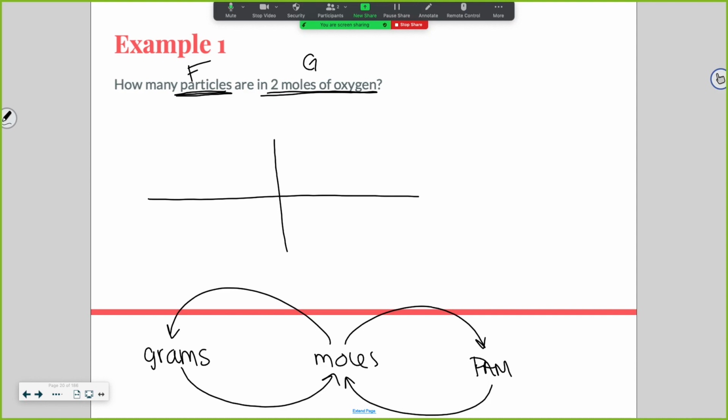All right, and we use our 6.02 E23 on the right, and we use our molar mass on the left. All right? So, what did I say always goes in this top left one? Okay. The given. All right, so you're given number, unit, name, 2 moles of oxygen.